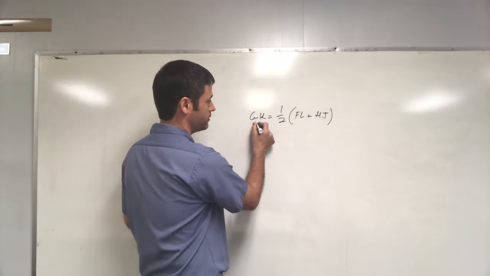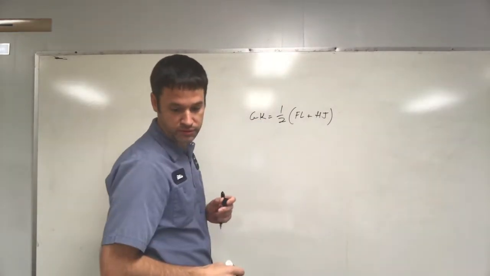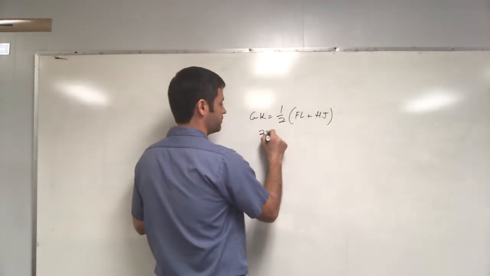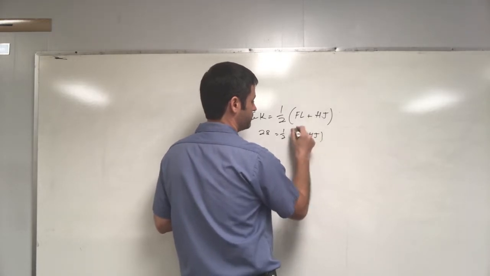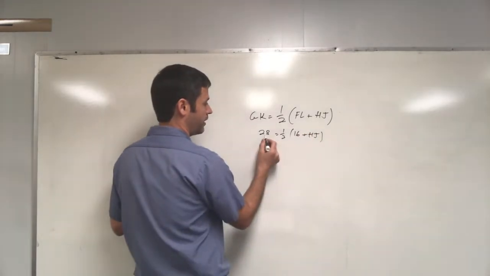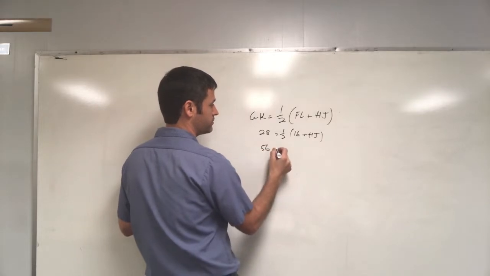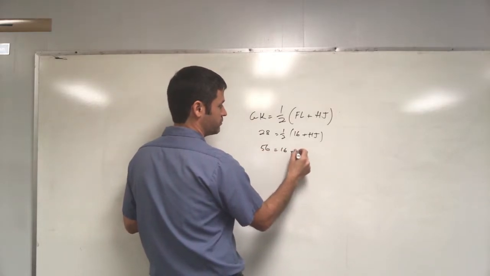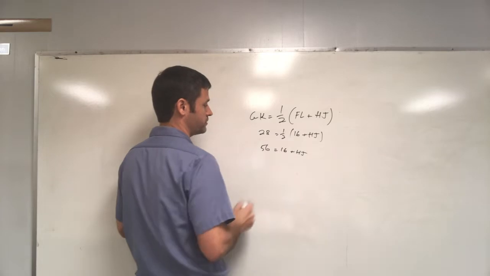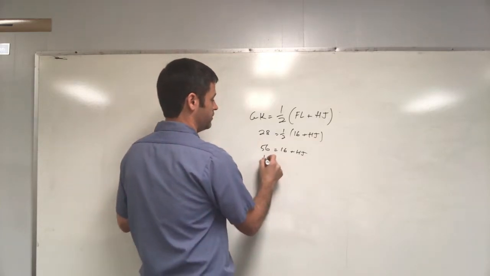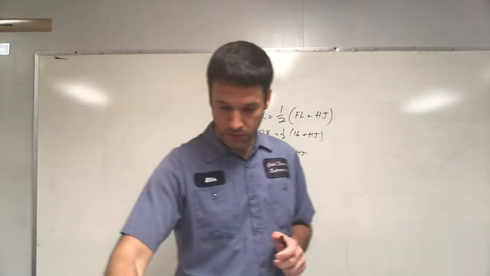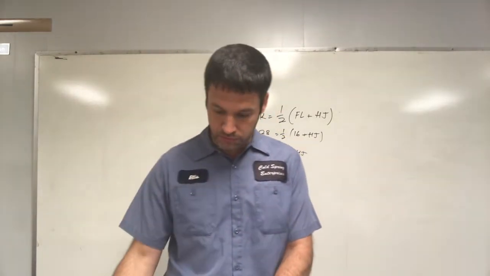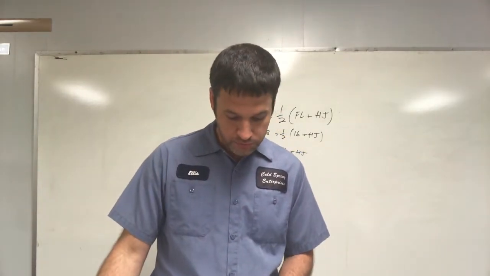You know that GK is 28. 28 equals 1/2 of 16 plus some number, HJ, and you solve for HJ. Get rid of the 1/2 by multiplying by 2, so 56 equals 16 plus HJ, so 56 minus 16 equals 40, HJ equals 40. That's the quick method.